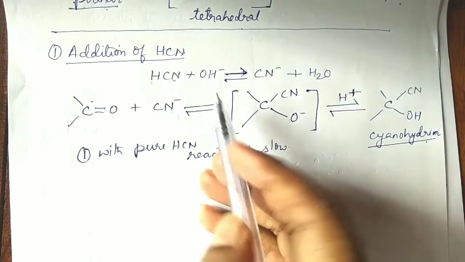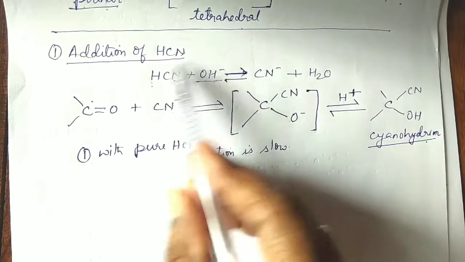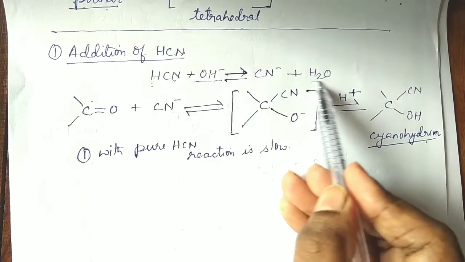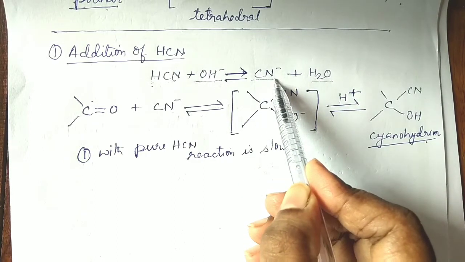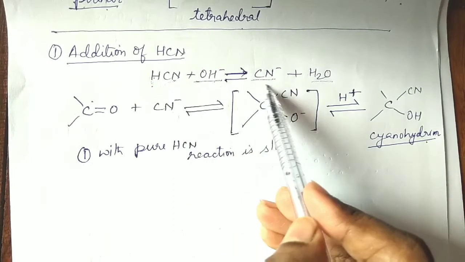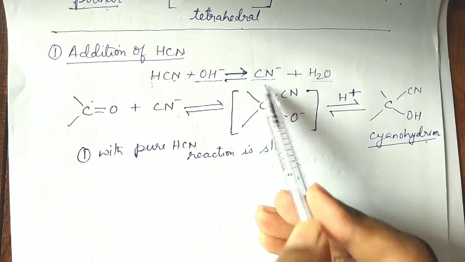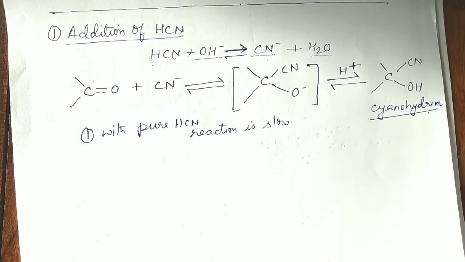The reaction is carried out in presence of a base. The base will abstract the proton and form water, and the nucleophile will readily be generated in the reaction. So to increase the speed of the reaction, this reaction must be carried out in presence of a base. So this was regarding addition of HCN.